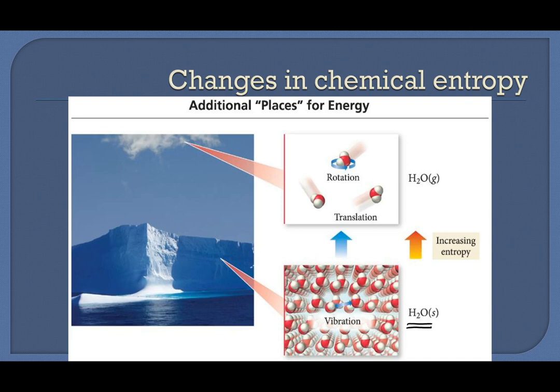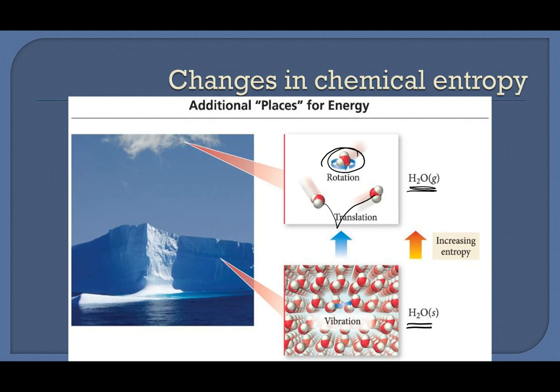If we think about those same water molecules in the gas state, those water molecules can vibrate, they can oscillate, they can rotate, they can transition from facing one direction to facing another direction.